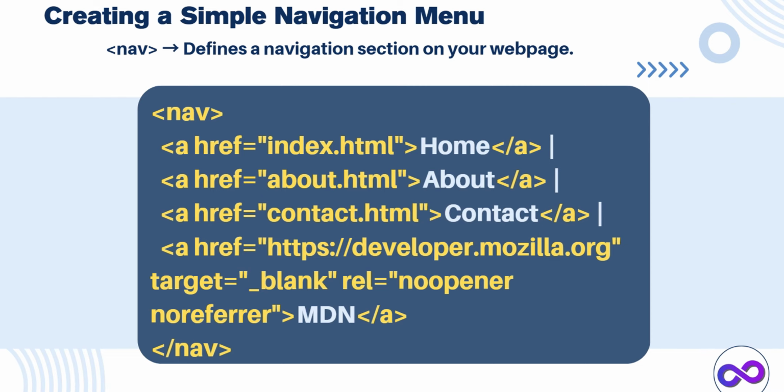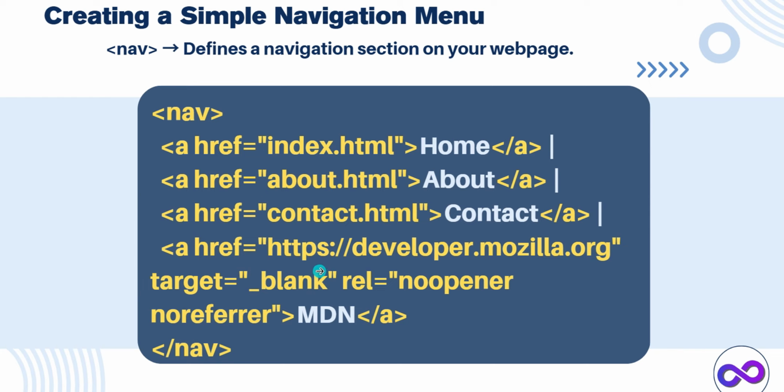Now, let's put it all together by creating a simple navigation bar. So this is an example of our navigation bar. Our tag is nav, opening tag and closing tag. This defines a navigation section on your web page.